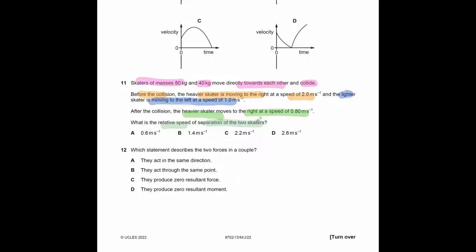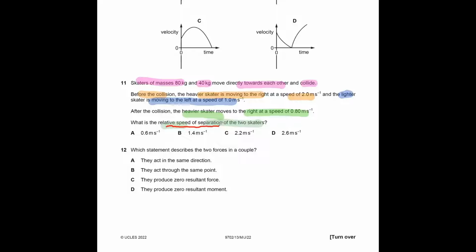Okay. Now here they suddenly made mention of relative speed of separation. There is no mention of this collision being elastic. When you were doing relative speed questions all this while, it was always a case where the collision was elastic, right? Here, you cannot just simply assume that your collision is elastic.